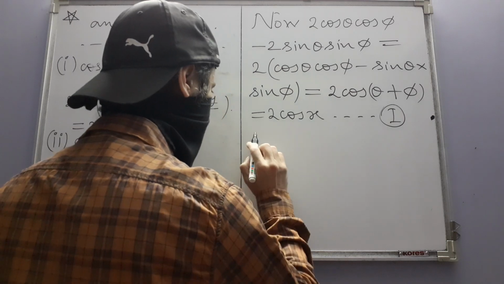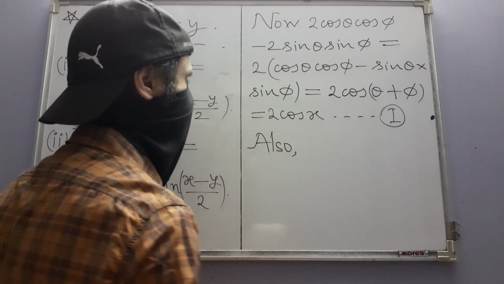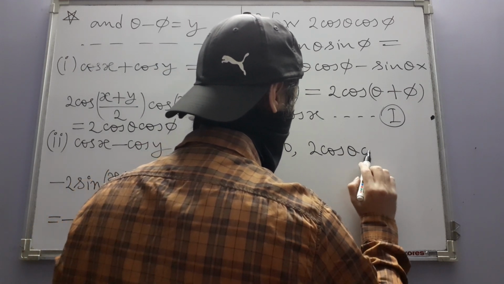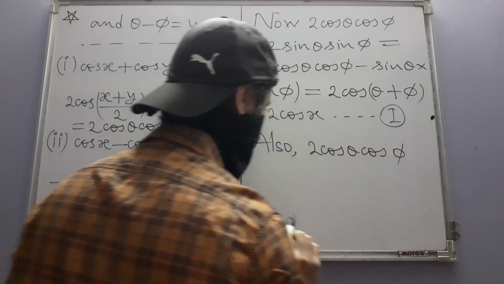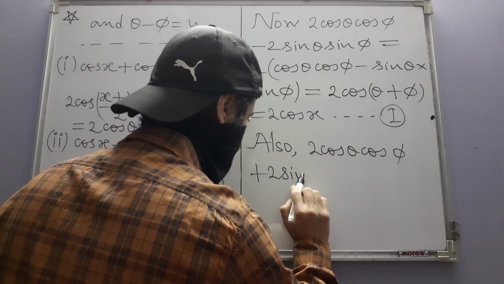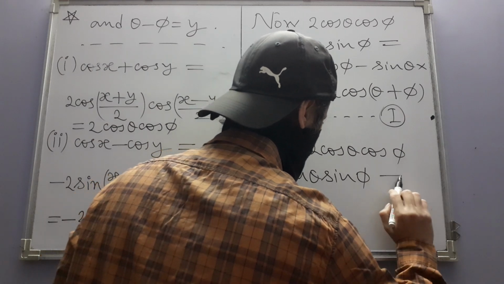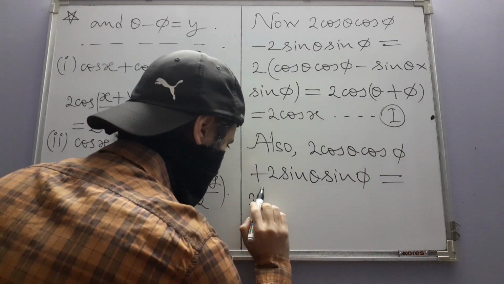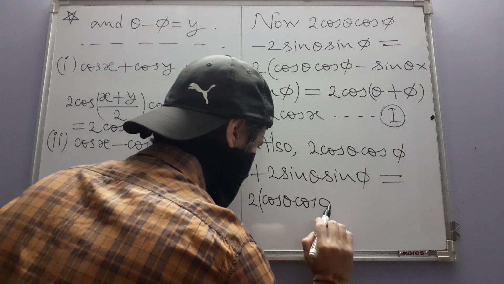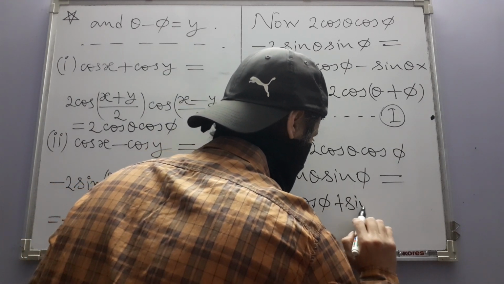Also, 2 cos theta cos phi plus 2 sin theta sin phi is equal to 2 times (cos theta cos phi plus sin theta sin phi).